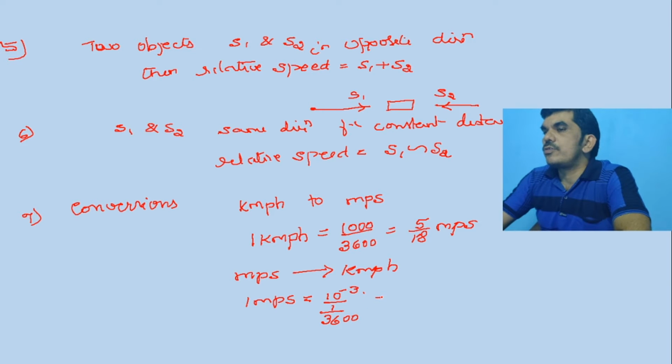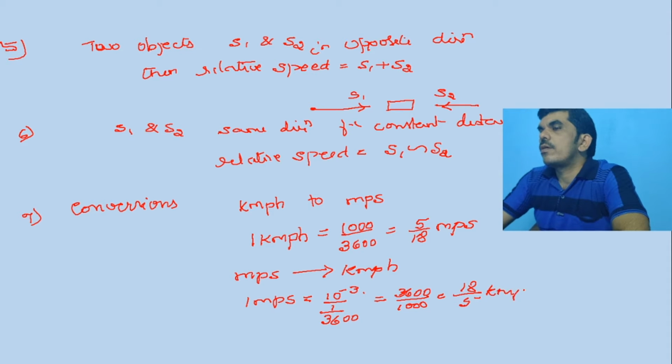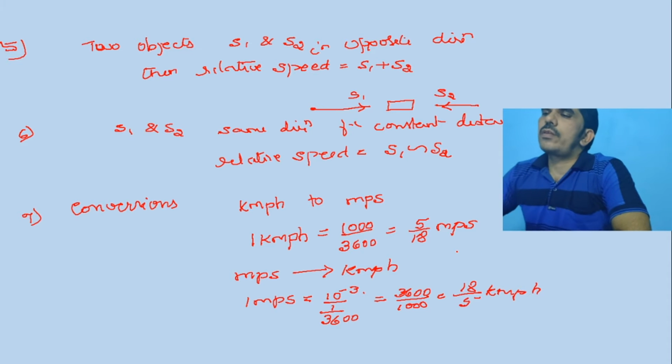So it becomes 3600 by 1000, or it is 18 by 5 kmph. So these are some of the 7 key points you should remember while cracking the question.